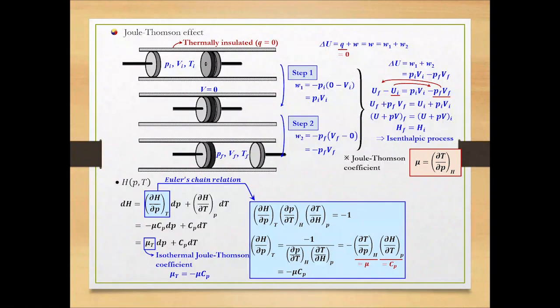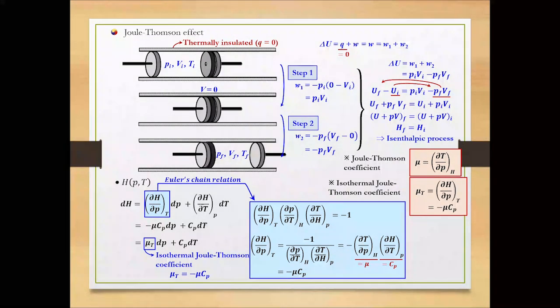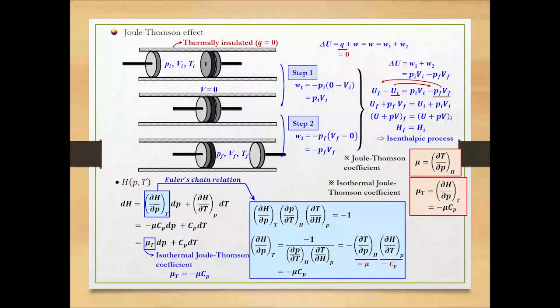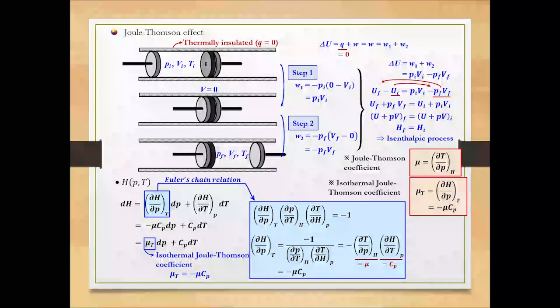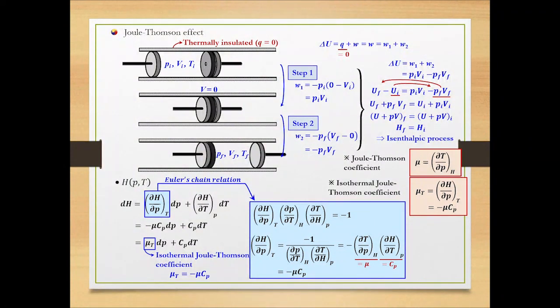On the other hand, the isothermal Joule-Thomson coefficient describes the change of enthalpy at constant temperature as the pressure of gas changes. The isothermal Joule-Thomson coefficient is closely related to Joule-Thomson coefficient by the equation mu T equals negative mu Cp. Both coefficients are significant in thermodynamics and are used to understand the behavior of gases under various conditions.